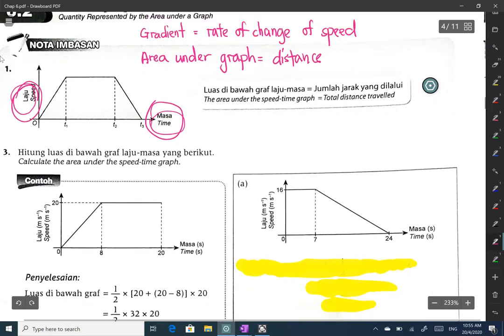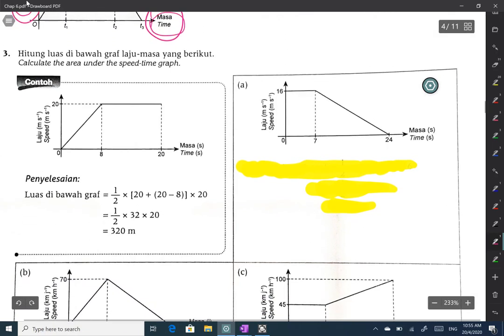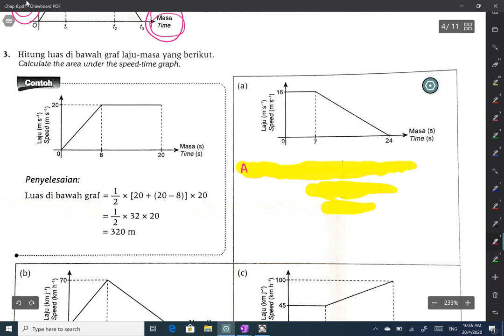Okay, so we look at question number 3. Calculate the area under the speed time graph. Okay, so area, how to find the area? Okay, area under the graph is equal to, this is a trapezium, 这个是 trapezium 来的. So this is the parallel line.